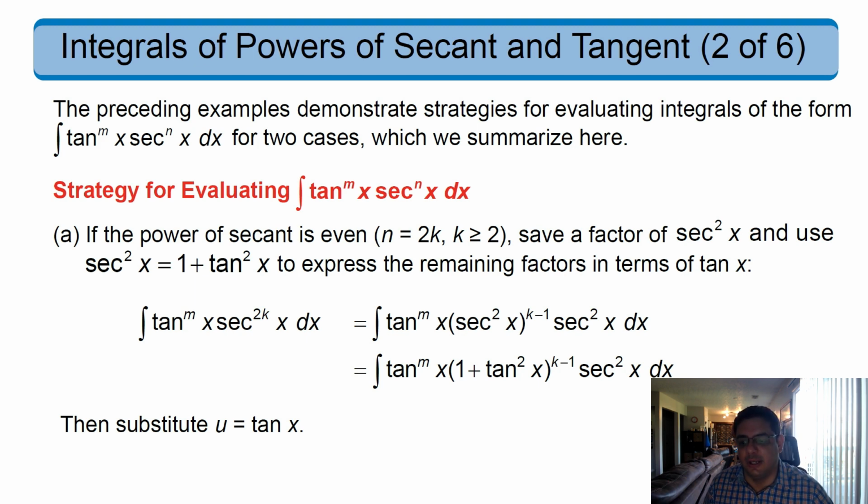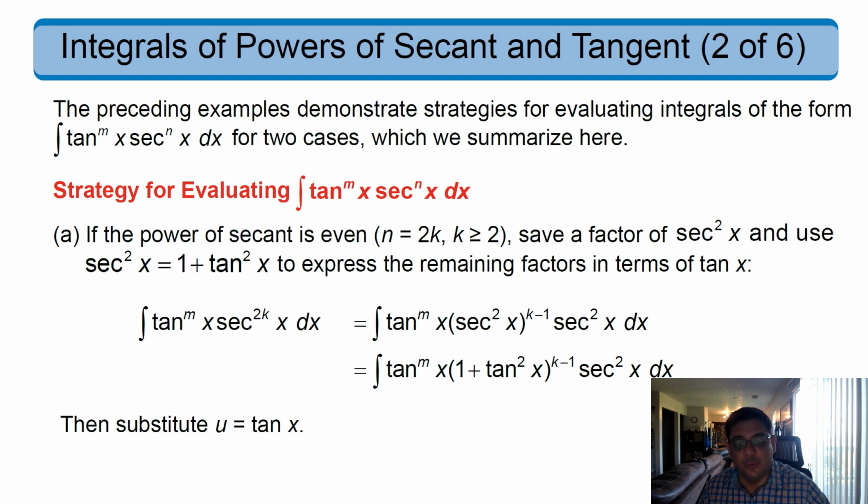So in general, if we have something of the shape tangent to the m of x times secant to the 2k of x, then we separate one secant squared. Once we separate that secant squared, we're left with tangent to the m of x, secant squared of x to the power of k minus 1.